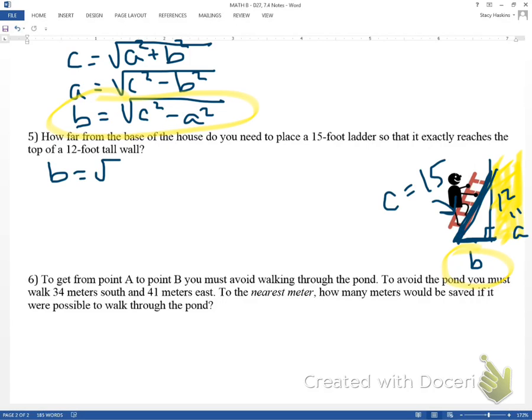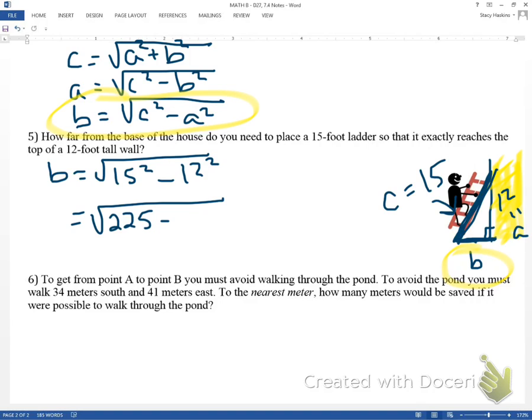B is equal to the square root of side C, which we said was 15, squared, minus our side A, which is the 12, squared. Alright, you have to find out what 15 squared is equal to. It's 225. I thought we did that one already.